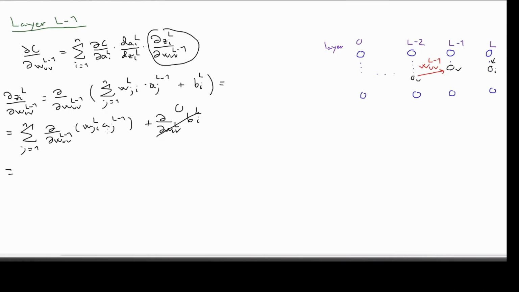So here we essentially have to ask, if we vary this weight right here, is it going to affect any weight going from layer L-1 to layer L, which is what this term is? And the answer is once again no, because they're network parameters which we set ourselves.